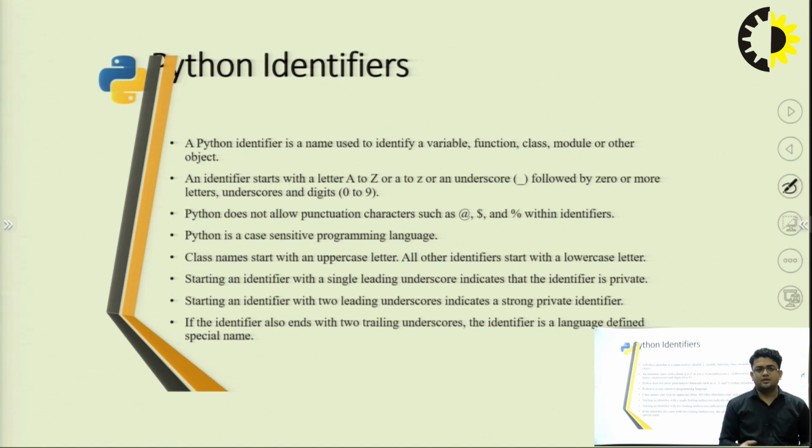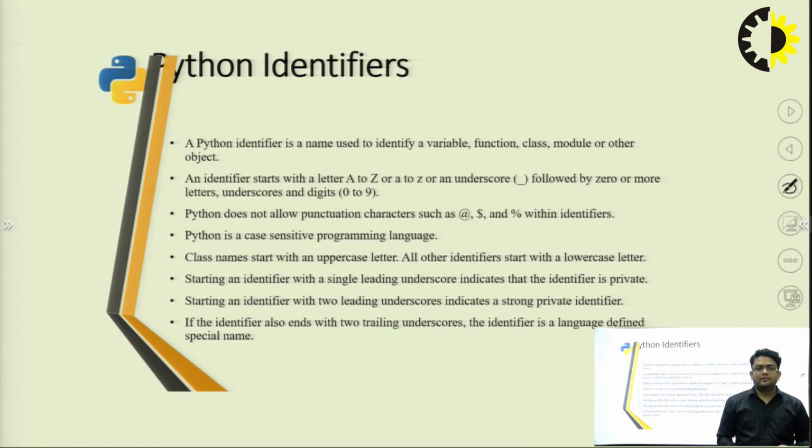For a variable, the variable is a name, so we have an identity. For a function we have a name, and again we have an identity. So for any kind of new name we need to use identifiers, and these are the few basic rules to declare identifiers in Python programming.